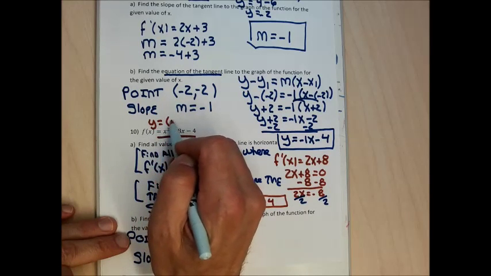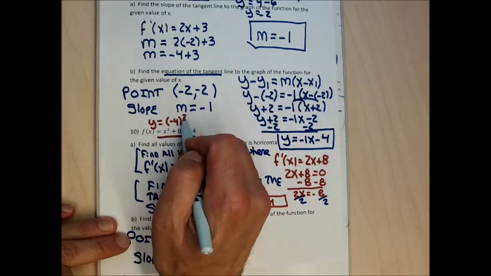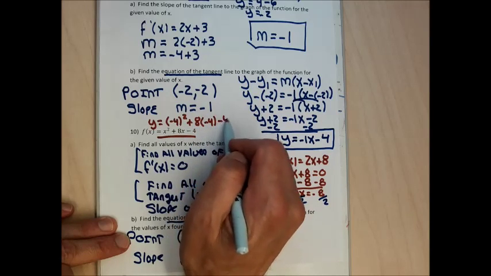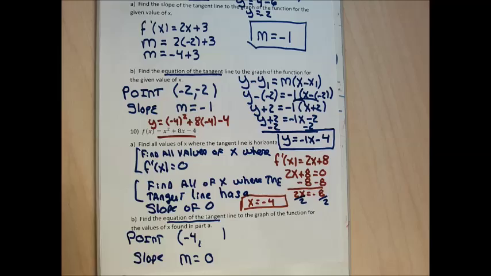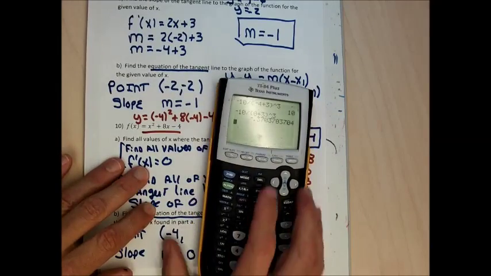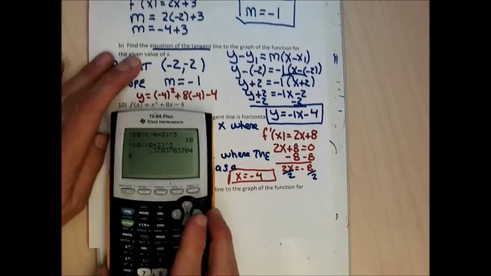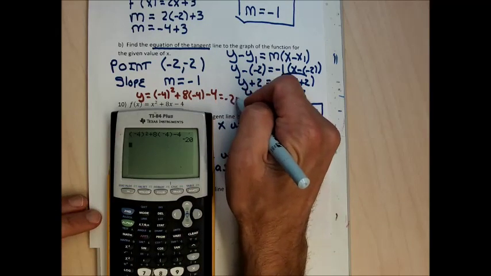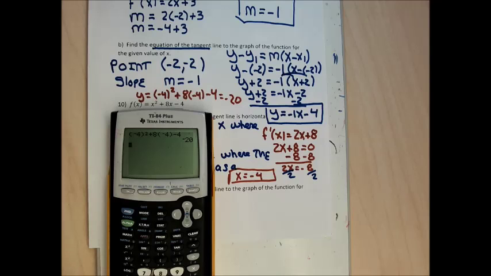So I'm going to go y equals -4 squared plus 8 times -4 minus 4. Kind of not in the mood to do that by hand right now, so let me pull out my calculator and go -4 squared plus 8 times -4 minus 4, and I get -20. So the y-coordinate of my point is going to be -20.